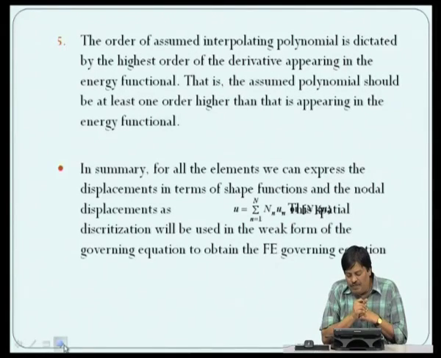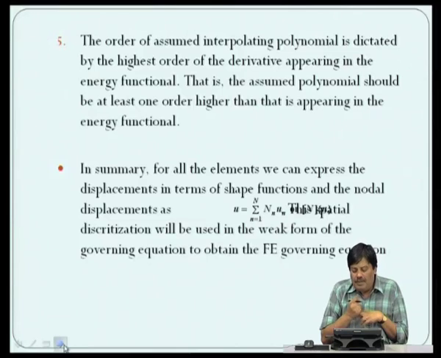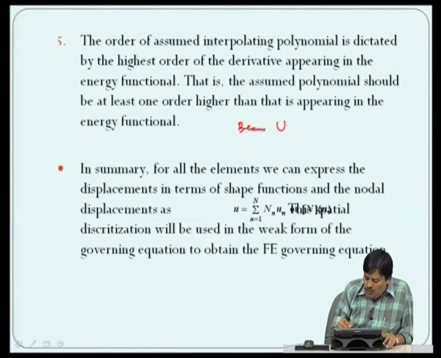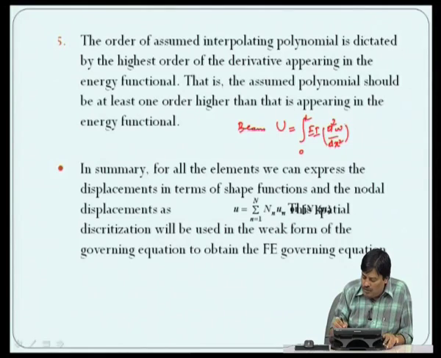The order of the assumed polynomial is dictated by the highest order of the derivative appearing in the energy functional. That is, the assumed polynomial should be at least one order higher than what is appearing in the energy functional. To understand this, take a beam where U is equal to the integral from 0 to L of EI (d squared w by dx squared) whole squared dx.